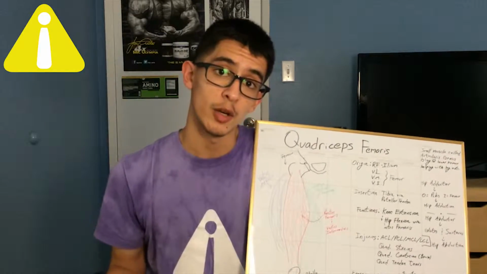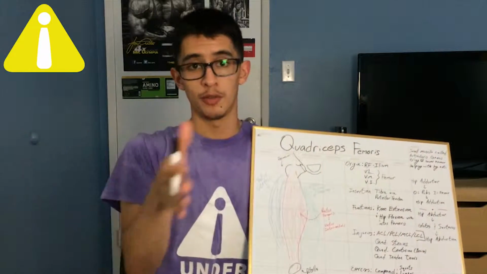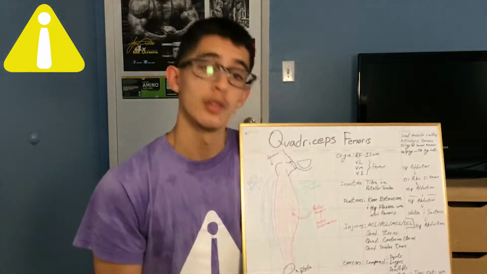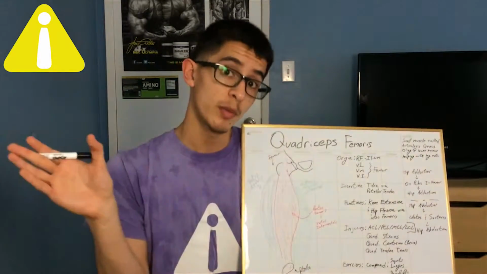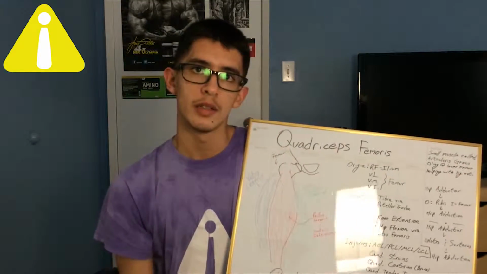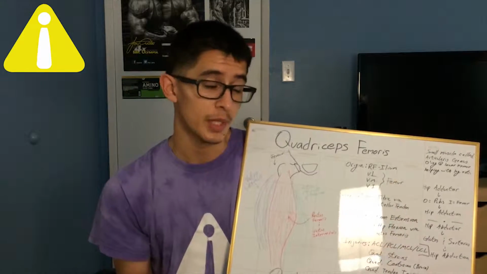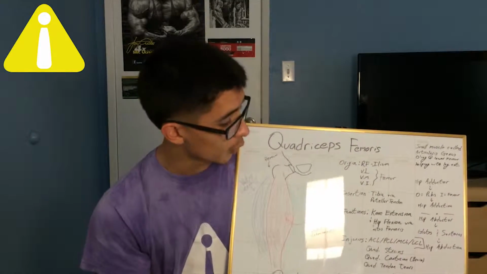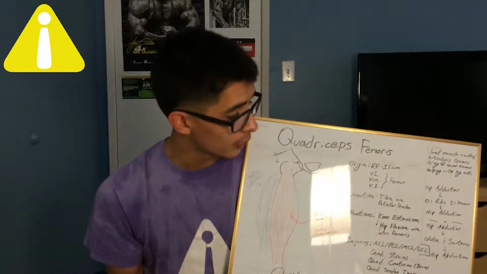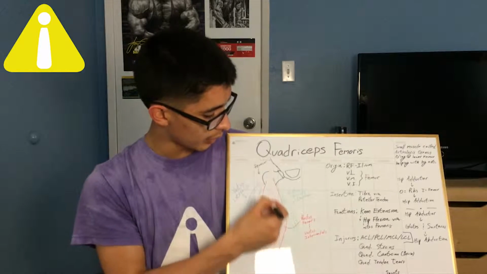And like I said, adduction is when you add a limb to your body or bring it closer to your midline. And then for the hip abductors, the ones that take your limbs away from your body, there is really no found muscle group that has its own name as an abductor. So it's known that the glutes are the body's most powerful abductors, as well as the sartorius muscle, which goes pretty much down here.